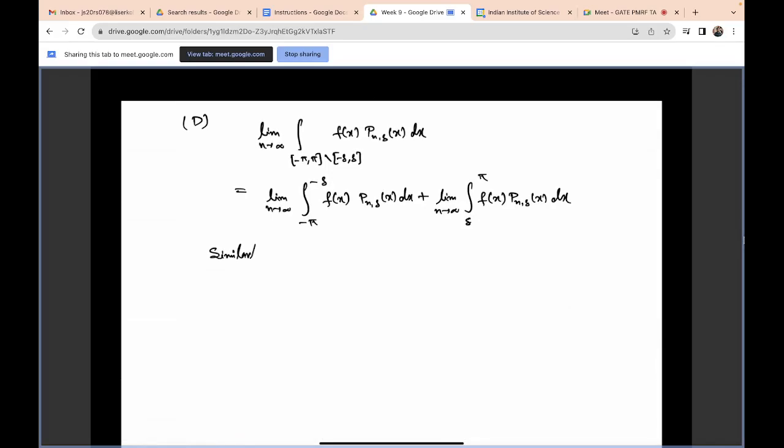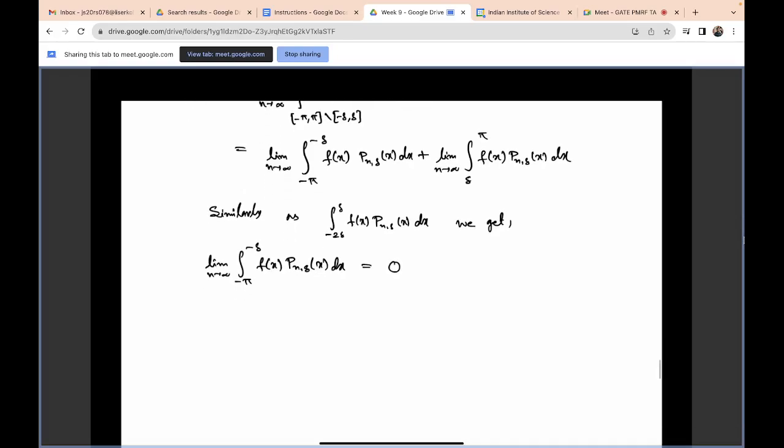Similarly, as with minus 2 delta to 2 delta, in this whole range minus pi to minus delta, limit n tends to infinity of f(x) p_n,delta(x) dx: here p_n,delta, basically 1 plus cos x minus cos delta, is less than 1, so the limit goes to 0. Therefore we get this to be 0.